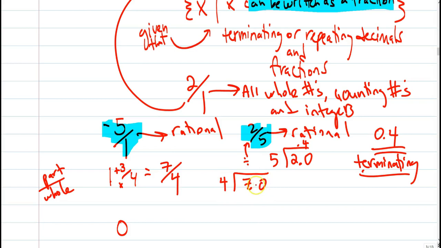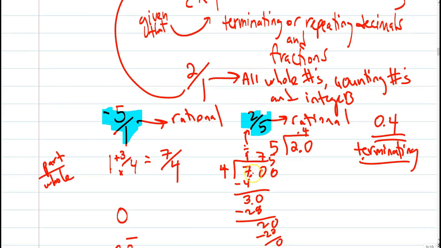I could also take that 7 and divide it by 4. Notice what? 4 goes into 7 one whole time. That's that whole number. With a remainder of 3, bring down a 0. 4 into 30 would be 7. Leaves us with 2. Bring down a 0. 4 into 20 would be 5.